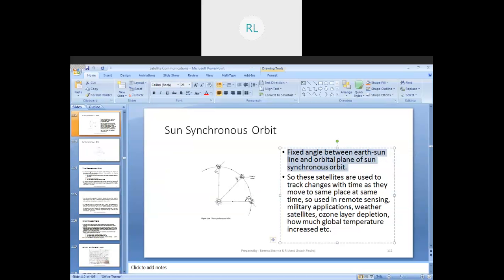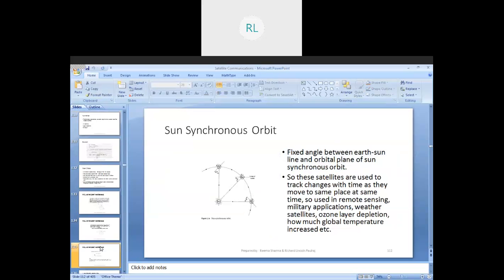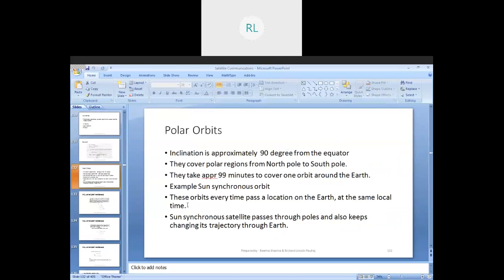Okay, so you have the sun, and then you have the line of nodes, and this is how your angle changes with respect to Earth. Fine. Fixed angle between Earth and Sun line and orbital plane of Sun is called Sun synchronous orbit. So you'll have to take the Earth, you have to take the Sun and the orbital plane of Sun in order to create an angle.